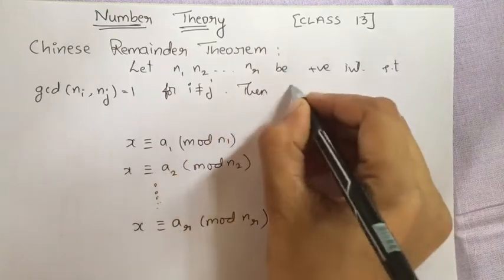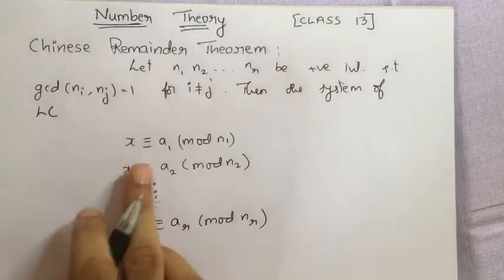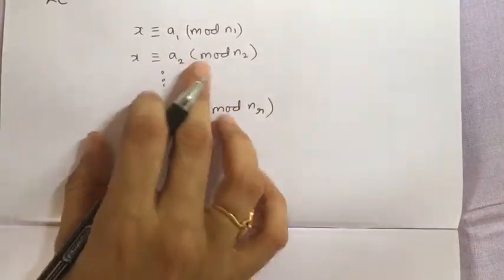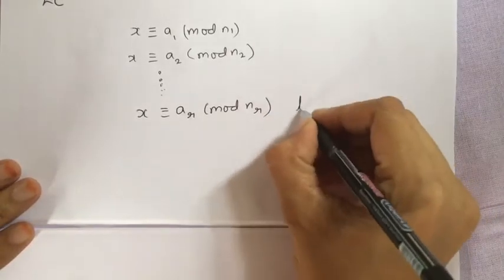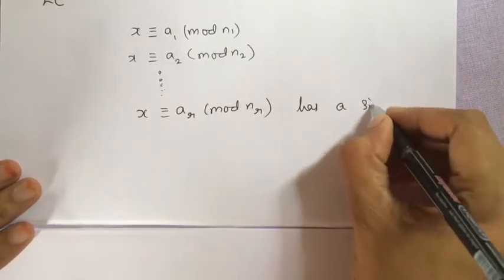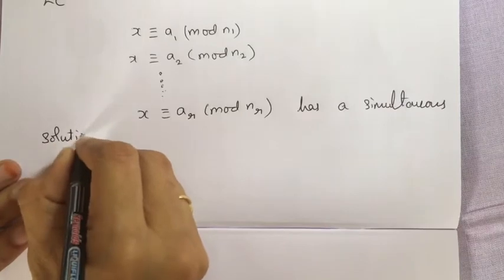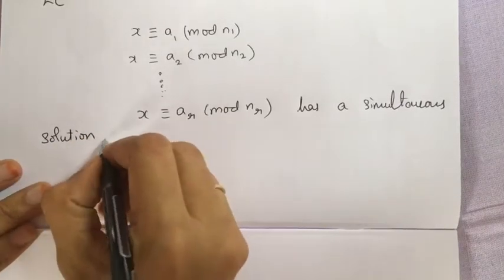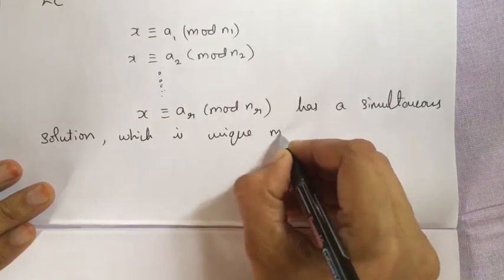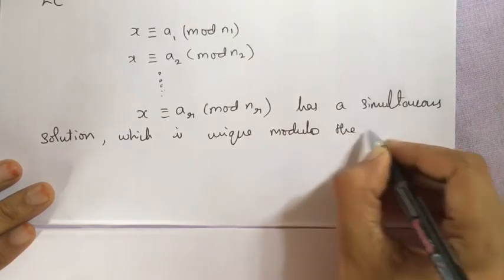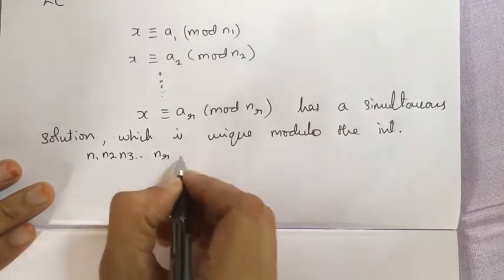Then the system of linear congruences, x congruent to a1 mod n1, x congruent to a2 mod n2, up to x congruent to ar mod nr, has a simultaneous solution, which is unique modulo the integer product n1 n2 n3 up to nr.